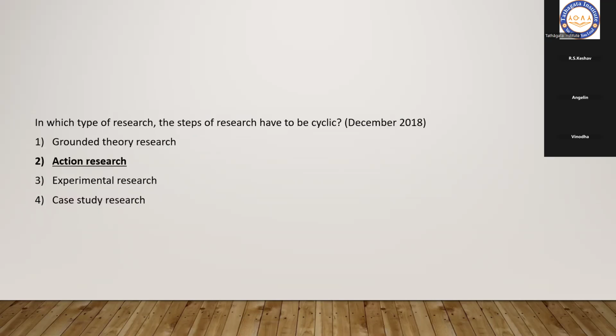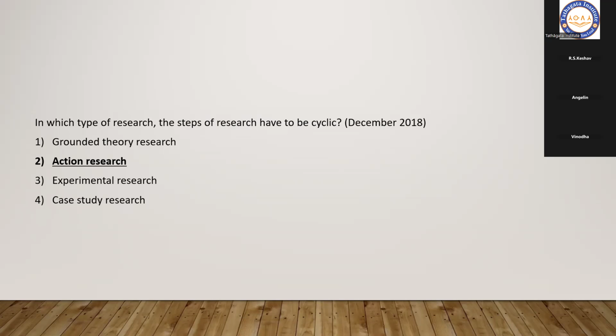In which type of research do the steps of research have to be cyclic? Action research. Only in action research, we will go back again and again to find an answer for a question. It is not possible in grounded theory. Grounded theory research is where a theory is already given and then, based on the theory, we work. In that, it is not possible. We don't do that. Experimental research, we saw the definition for experimental research today.